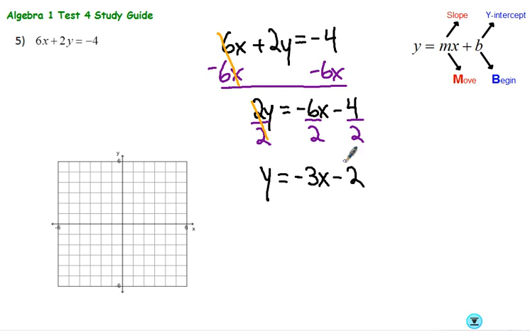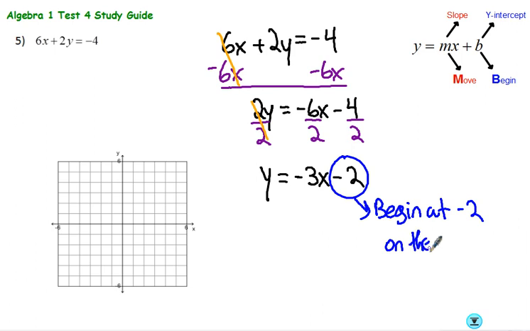Again, last number, the b is where we're going to begin. So we're going to begin at negative 2 on the y-axis, and we should know that by now. So y-axis, negative 2: negative 1, negative 2. Then the slope tells us how and where to move from there.